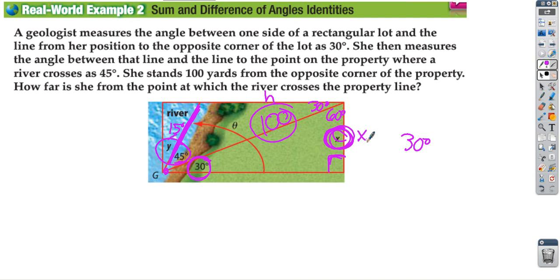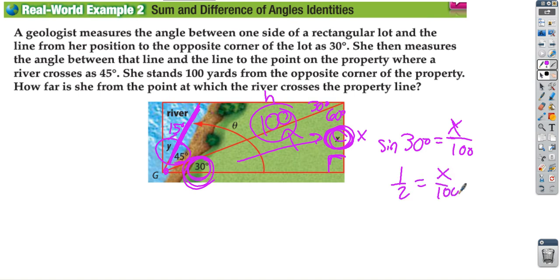So we're opposite over hypotenuse, that would be sine. So the sine of this angle, sine is opposite x over hypotenuse 100. And I'm not really sure what this has to do with sum and difference identities, but anyway, there's probably more to this problem. We'll solve for x first, and then we'll have to find something else as well. So the sine of 30 is 1/2, and if we solve that for x, we'll multiply both sides by 100.